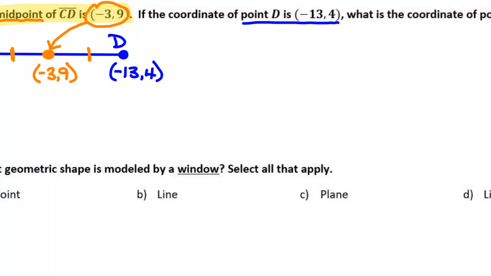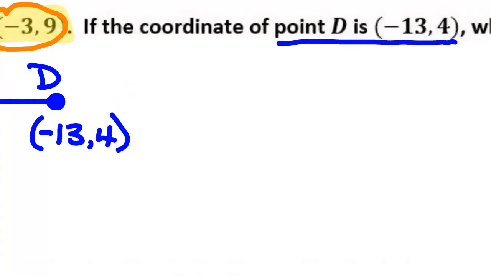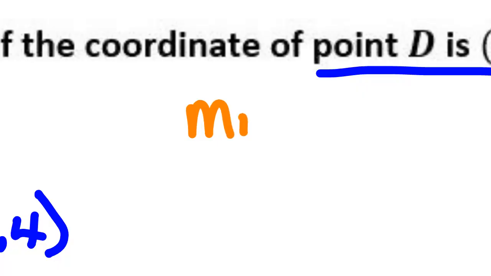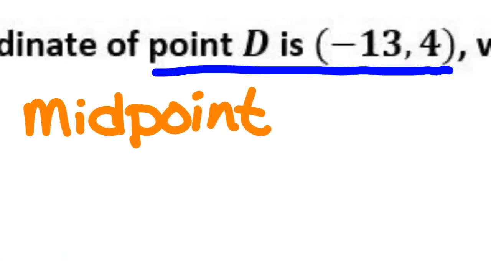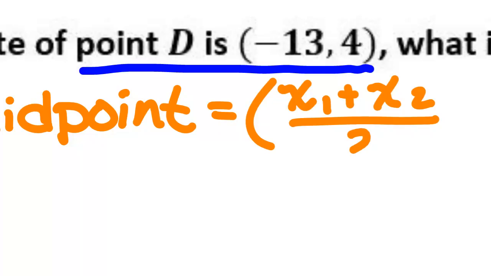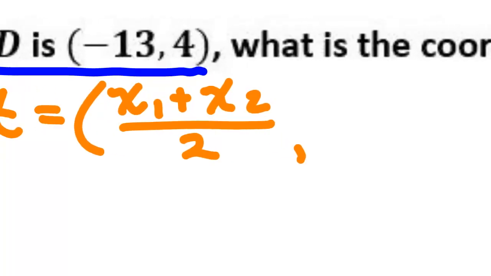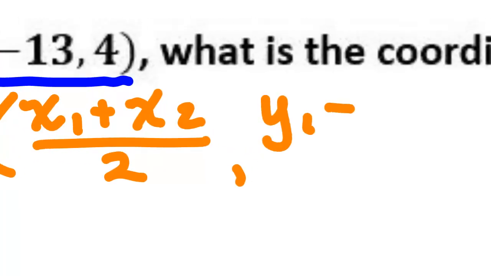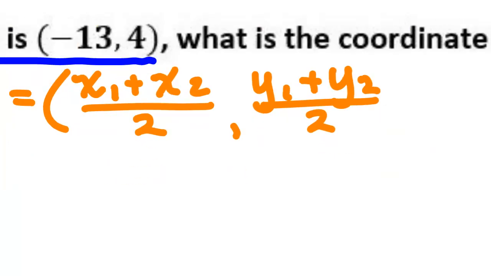All right. So we're going to use our midpoint formula. Midpoint equals x1 plus x2 over 2, comma, y1 plus y2 over 2.